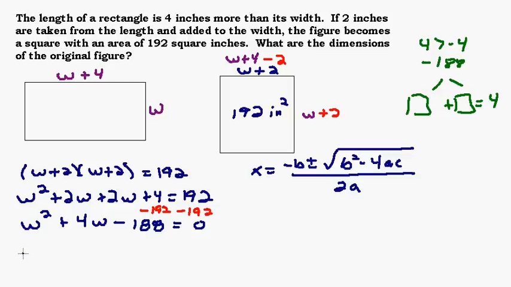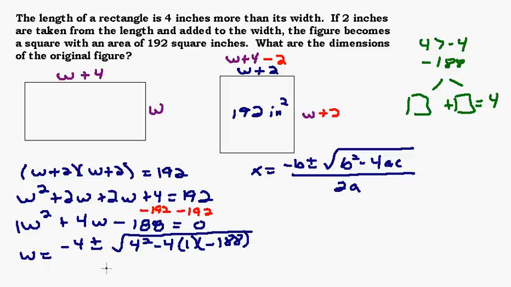In this case, it's not x equals, but w equals the opposite of b, negative 4, plus or minus the square root of b squared, so 4 squared, minus 4 times a, which is 1, times c, which is negative 188, all over 2 times a, which is 2 times 1.